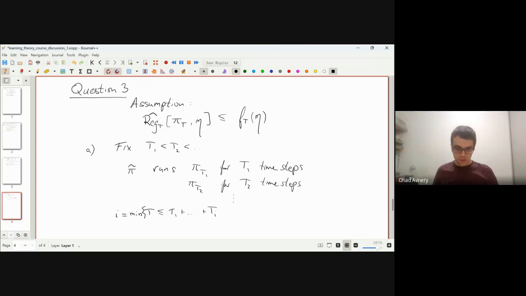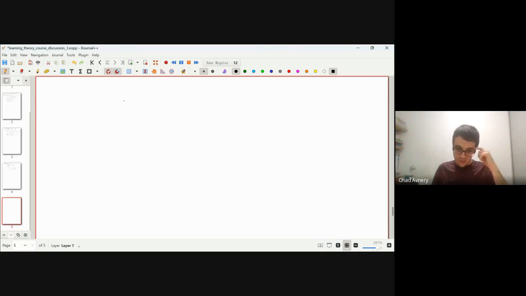Yeah. And to make the calculation a little bit easier, here we were supposed to split the regret into I different parts. The first I minus 1 parts have a complete stage of running the algorithm pi j, while the last stage might have a tail where we might not execute the entire t_I steps.